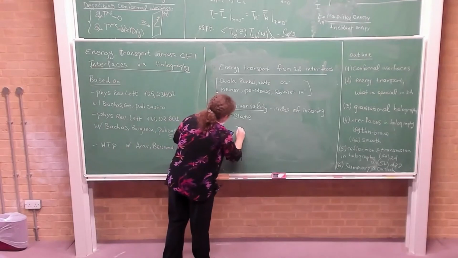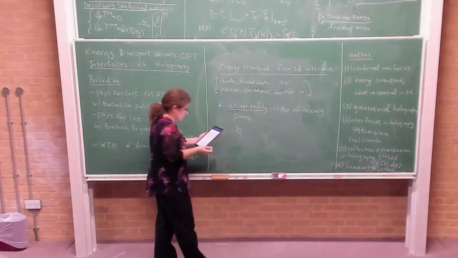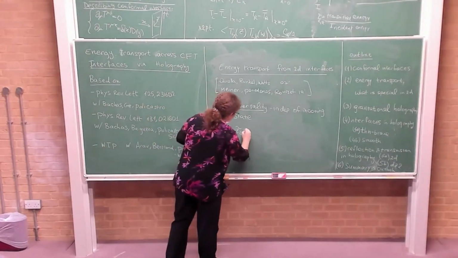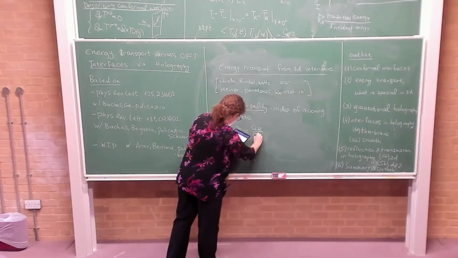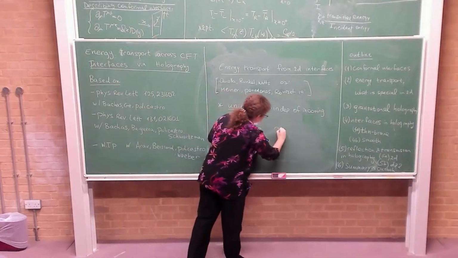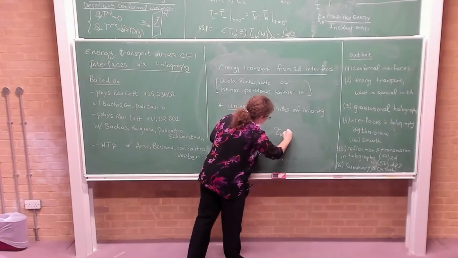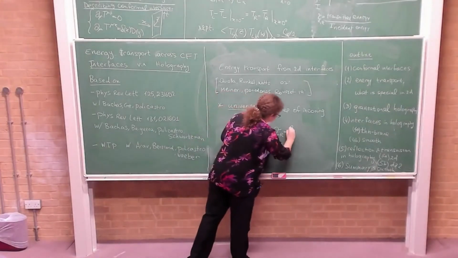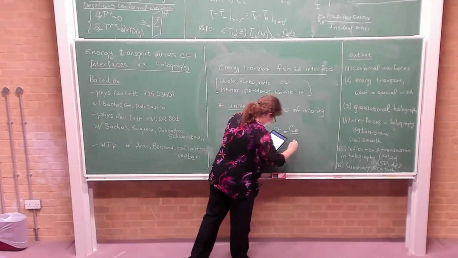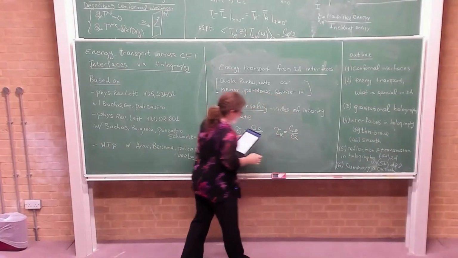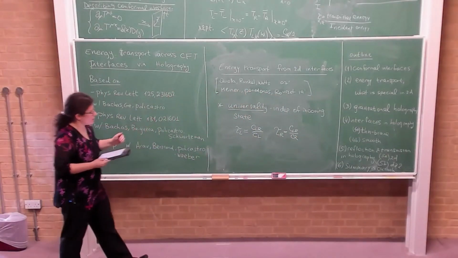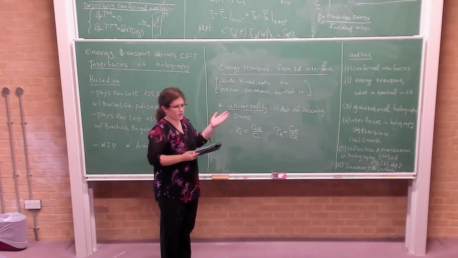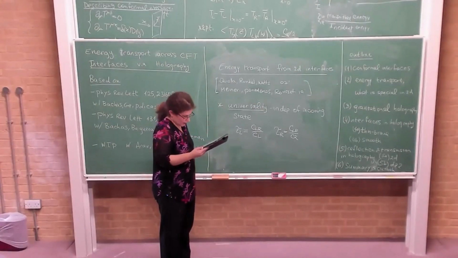And it's given, so let's say if I'm doing a scattering experiment from the left, the transmission will be C left right over C left. And if I do an experiment sending an incoming wave from the right, it will be C left right over C right. So you see that if we turn off the C left right, there will not be any transmission, and the 2 CFTs will get decoupled.